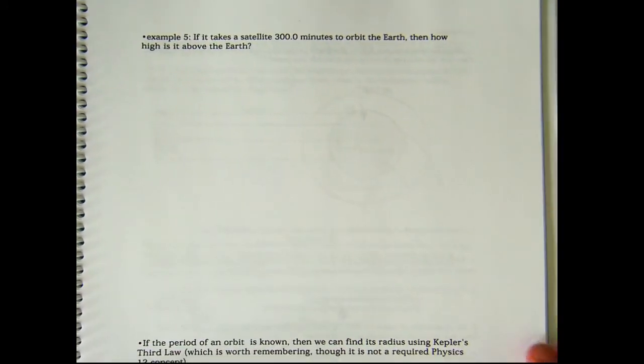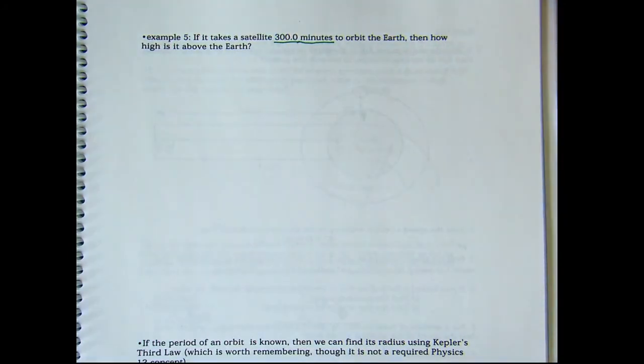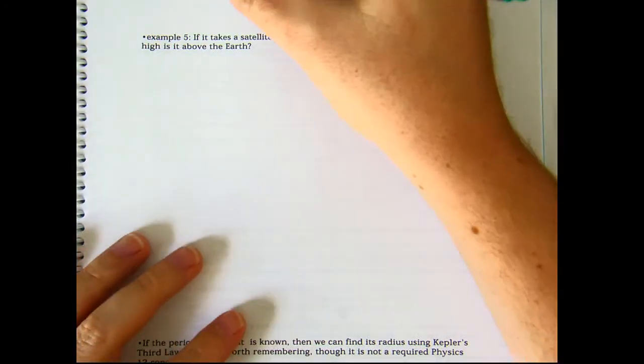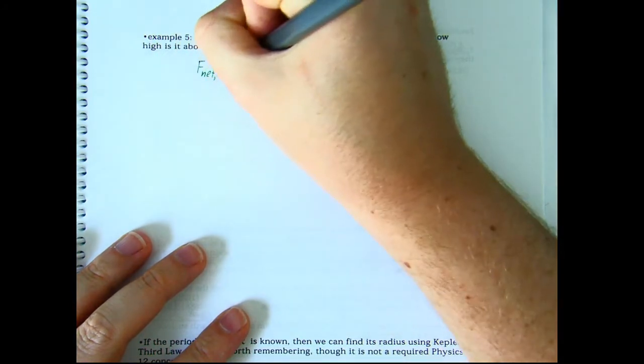Conversely, we could look at something the other way. An example like this: if it takes a satellite 300 minutes to orbit the Earth, then how high is it above the Earth? We've got a whole bunch of expressions that we're going to make use of, so I'm just going to write them all out. F_net,c equals m a_c.